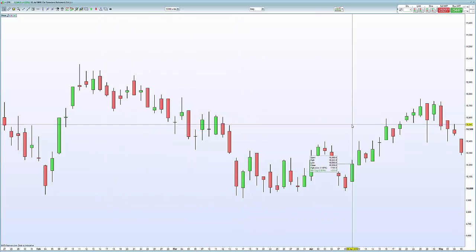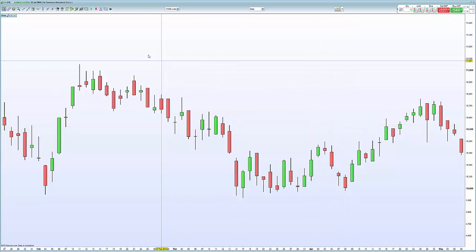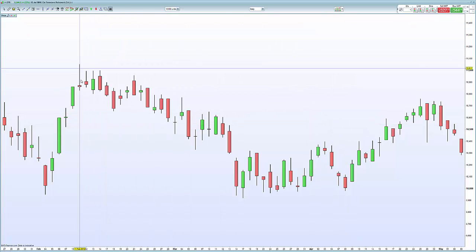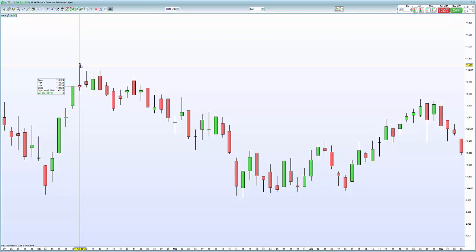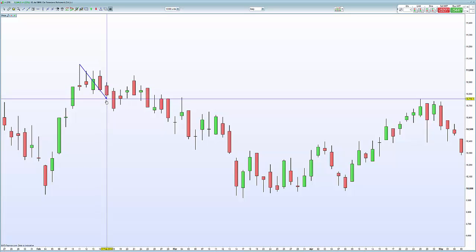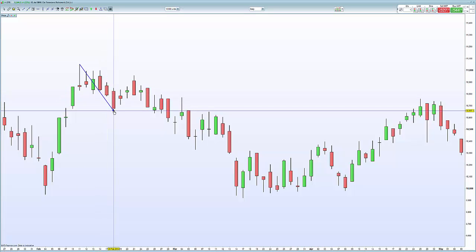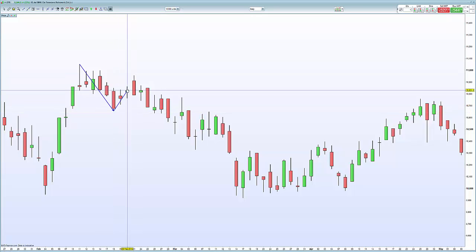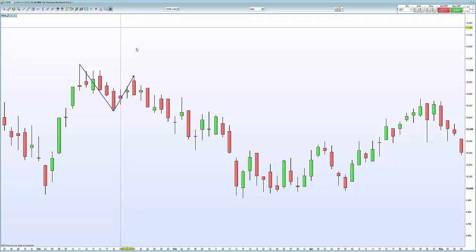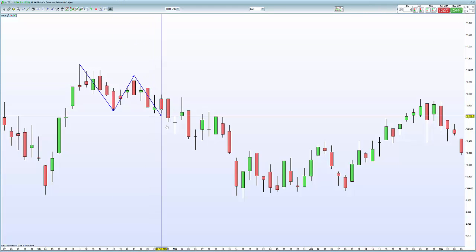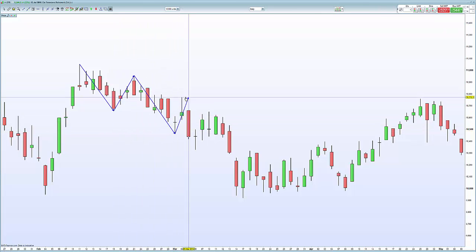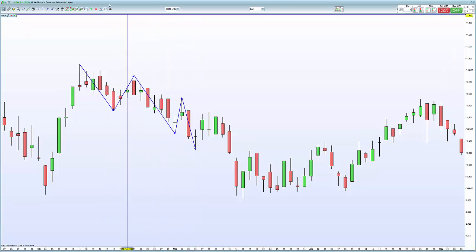So let's start off with drawing in our price structure lines, starting at this initial high point here. We can see that the market moves down, putting in lower lows and lower closes. Then we have a bit of a rally over here, and then it continues to push down again, shimmies up, and pushes down.